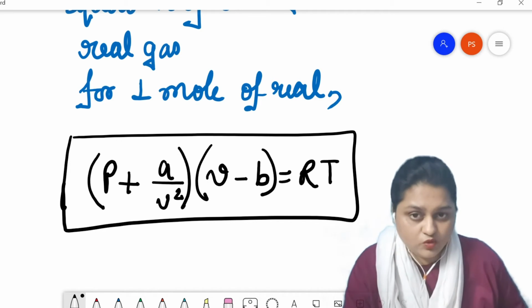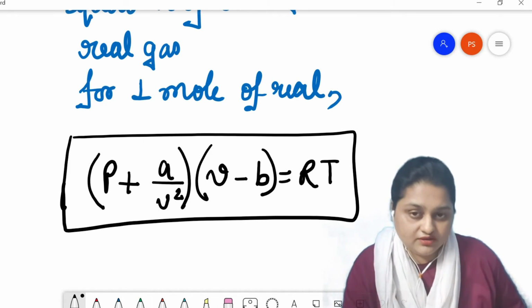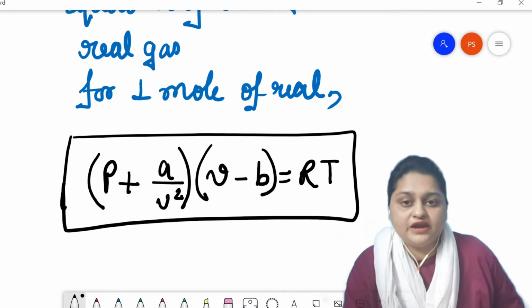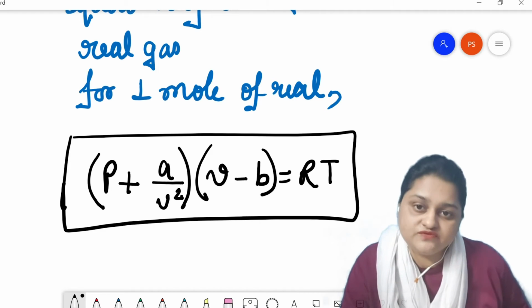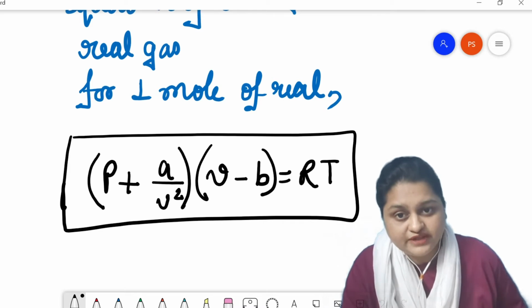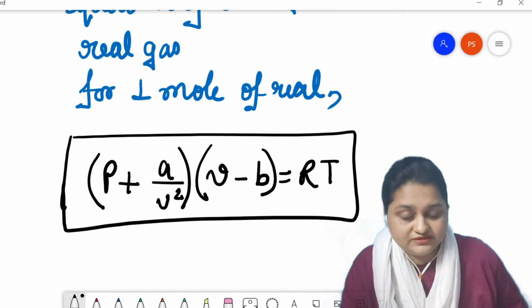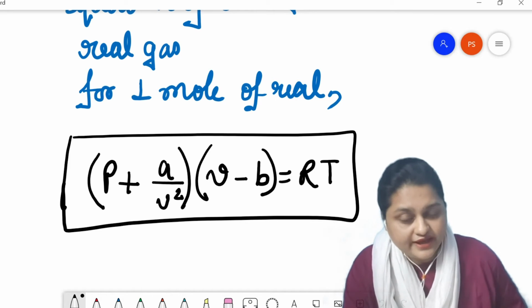The first was that the pressure of the gas arises due to the collision of the constituent particles with the wall of the container. As no intermolecular forces of attraction were considered, a higher pressure was assumed for the ideal gas compared to the real gas.